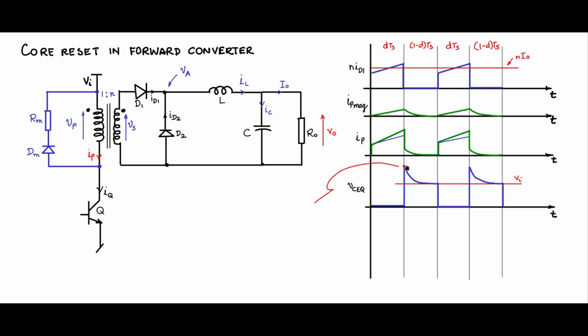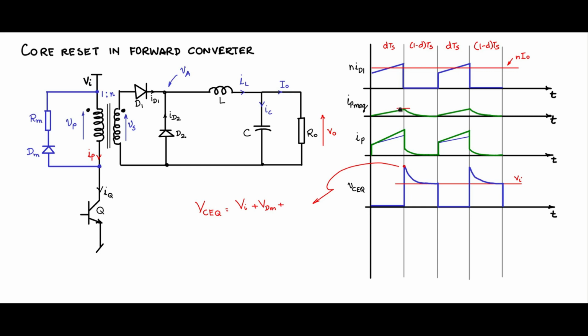So this point I would like to say is the VCEQ, which is equal to Vi plus this diode drop, VDM, the forward diode drop around 0.7 volts, plus the current flowing in this direction, Im into Rm.